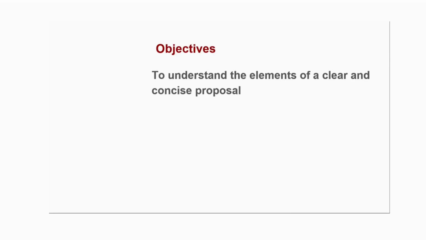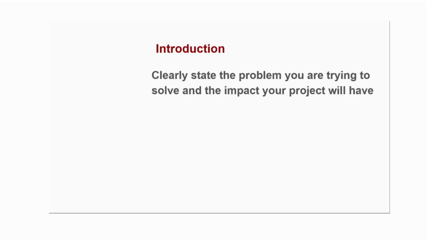It is upon understanding the elements that you can develop a clear and concise proposal that will persuade the funders that you are indeed the right person to be given the money to execute your plan. So the first element of a good proposal is the introduction.